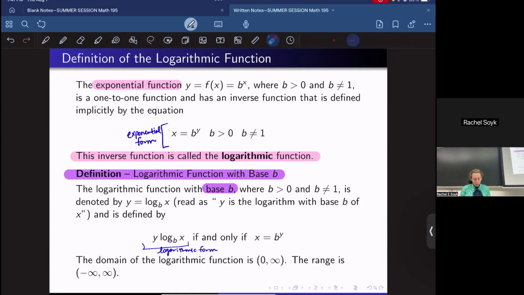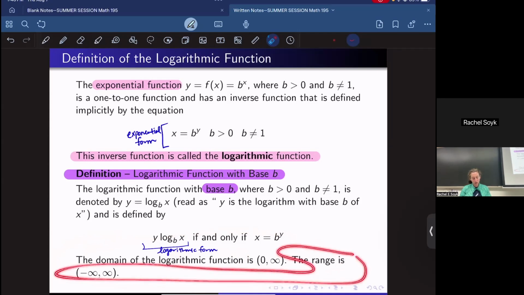The same rule applies over here. You know that in exponential functions, you have no restrictions for your domain. It's all real numbers. But when you're looking at the inverse, the logarithmic function, you do have the restrictions on the domain. You do not have the restrictions on your range.